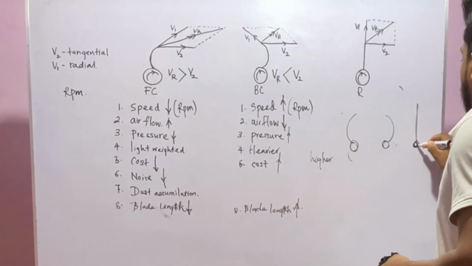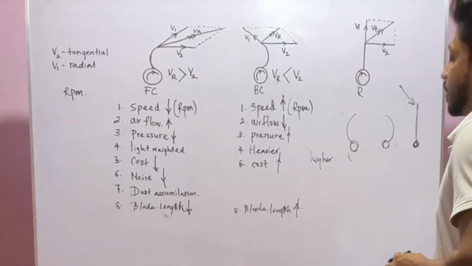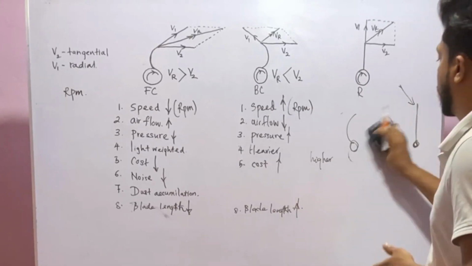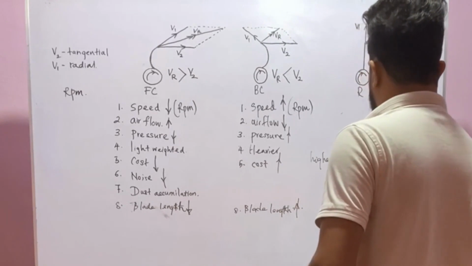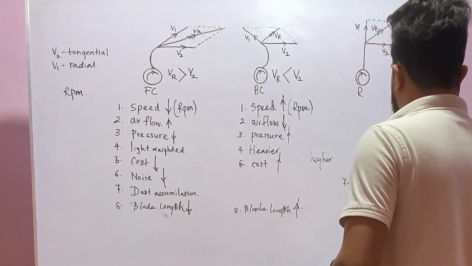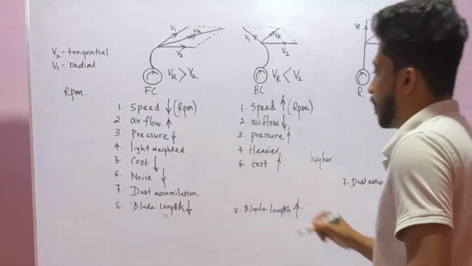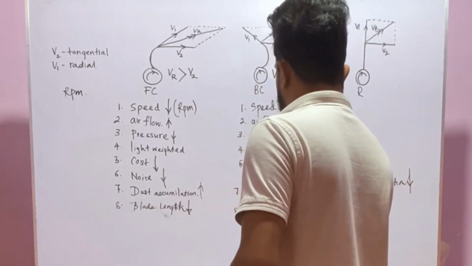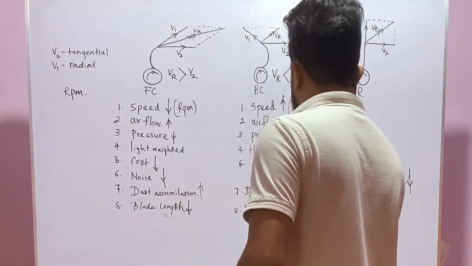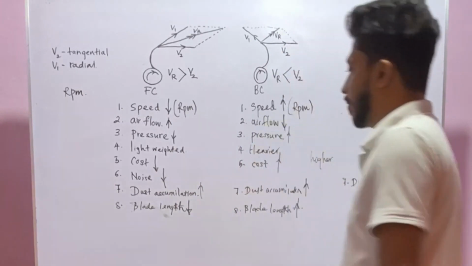So if we consider dust accumulation, which one is the good one? The radial one. So in a radial blade, dust accumulation is less compared to these types.